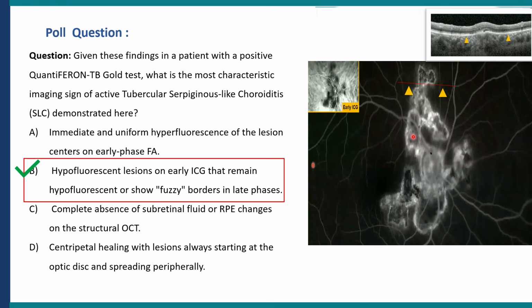So in the classical variety, it will be centered around the optic disc, and there will be changes in the retinal pigment epithelium and the outer retina, as seen here, which is also seen in the tuberculous-like choroiditis. But this is usually centered, usually bilateral and usually around the optic disc, unlike the tuberculous variety, which is usually around the posterior pole, not necessarily involving the optic disc.